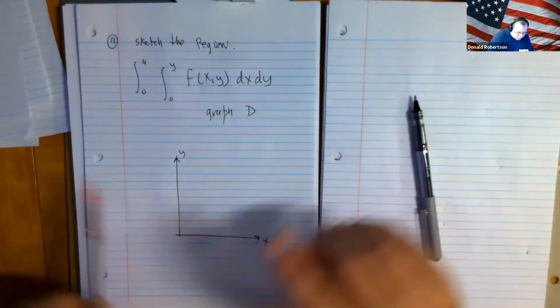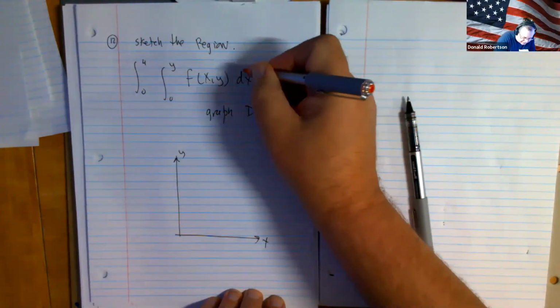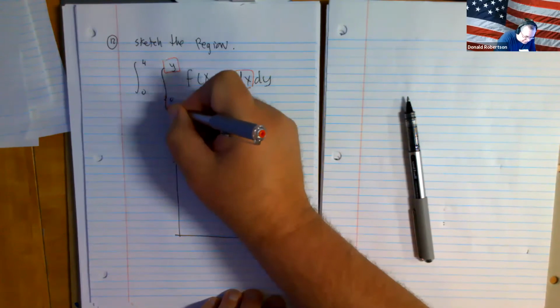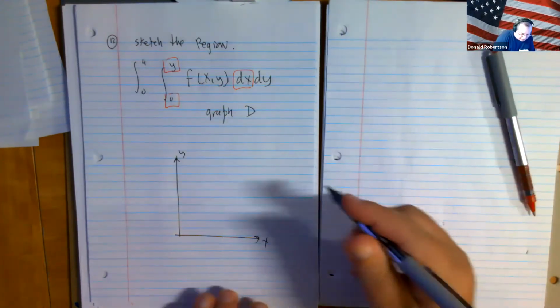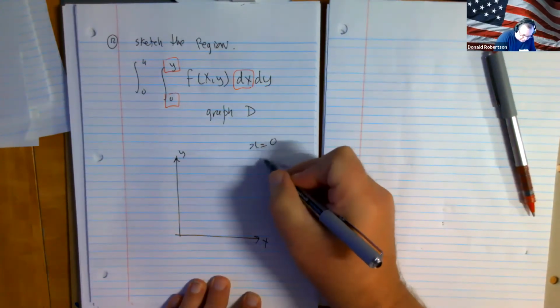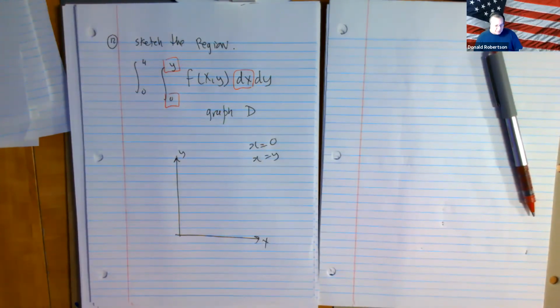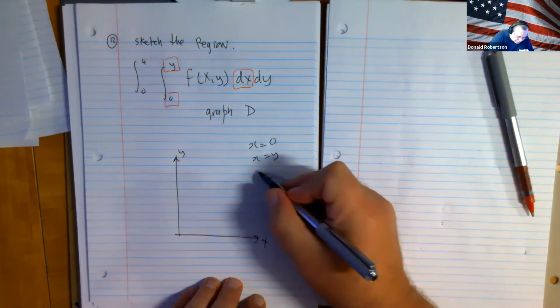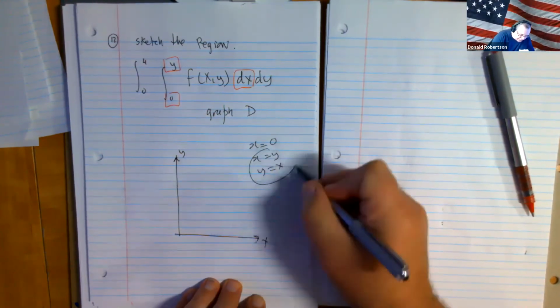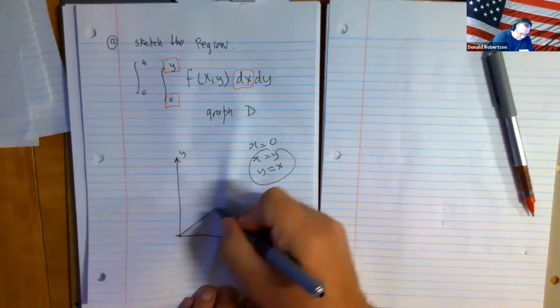So when you look at this guy here matched with these 2 guys here, aren't they basically saying x equals 0 and x equals y? Now, if I rewrite that in the way that my brain works, isn't that the same thing as saying y equals x? So it means it's that line.